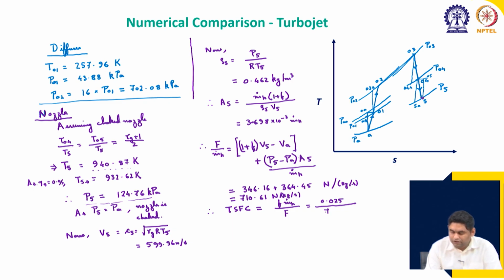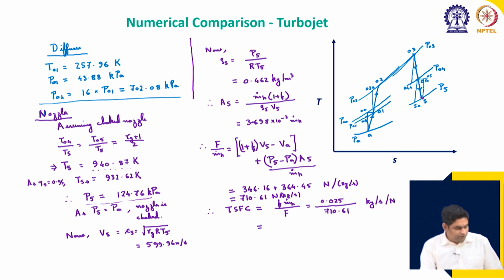The unit for this is kg per second per Newton, mass flow rate per unit thrust.